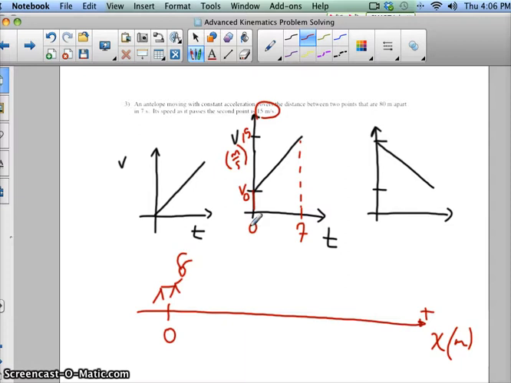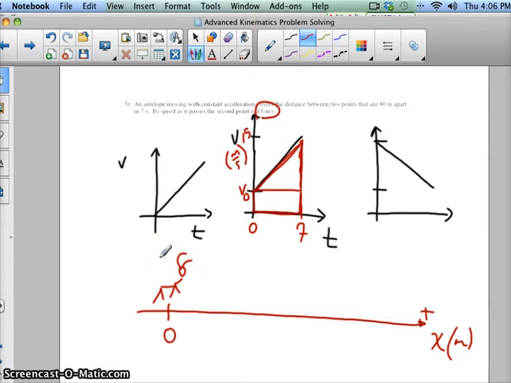That might be nice. Now, you have a choice here. You can solve the problem just by looking at this as a trapezoid, or you can solve the problem by looking at this shape as a rectangle plus a triangle. Either way will work fine.